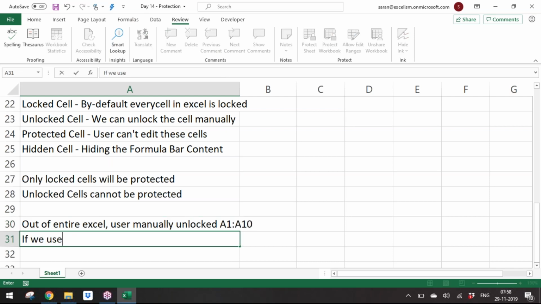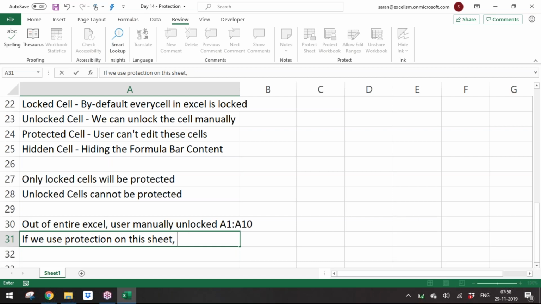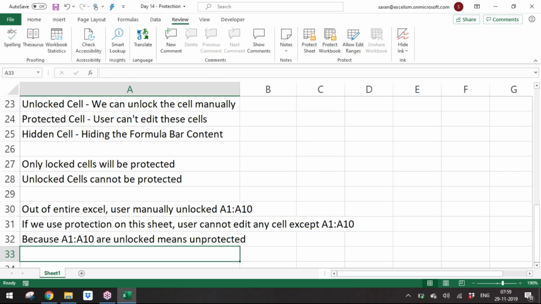If we use protection on this sheet, the user cannot edit any cells except A1:A10, because A1:A10 are unlocked, which means unprotected. Try to understand. Now you will get to know the difference between the locked and unlocked concept.